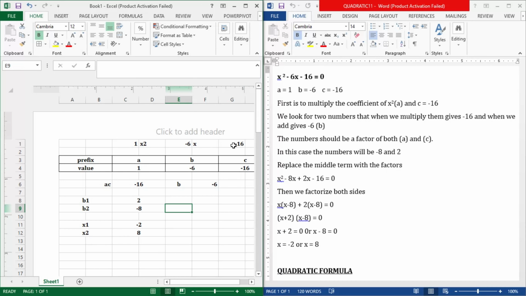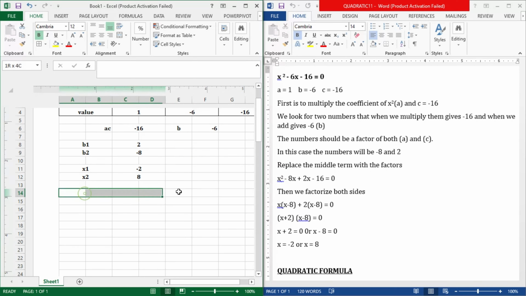Now that this is done, all you have to do going forward is change the question and determine B1 and B2 from the values of A, C, and B. We should note that this technique only applies when the coefficient of x squared is equal to 1.